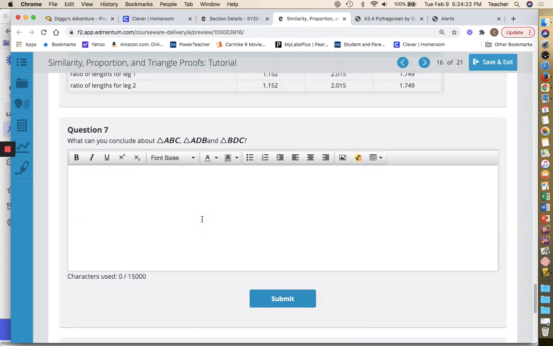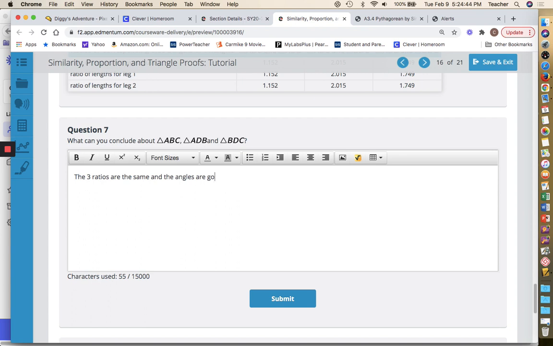Question 7. What can you conclude about triangle ABC, ADB, and BDC? Well, they are all similar triangles. The three ratios are the same, and we've already decided the angles are congruent.